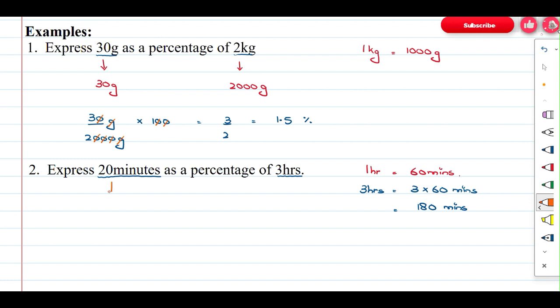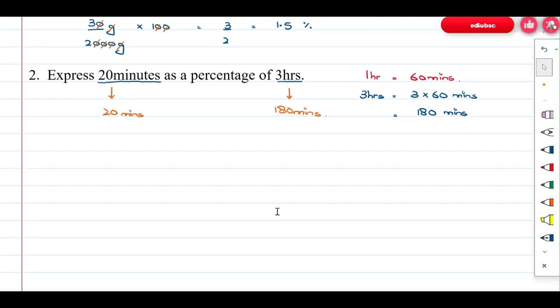Now this is already in minutes, 20 minutes, and 3 hours has 180 minutes. We need to express 20 minutes as a percentage of 3 hours. 20 minutes as a percentage means times 100 of 3 hours, 180 minutes.